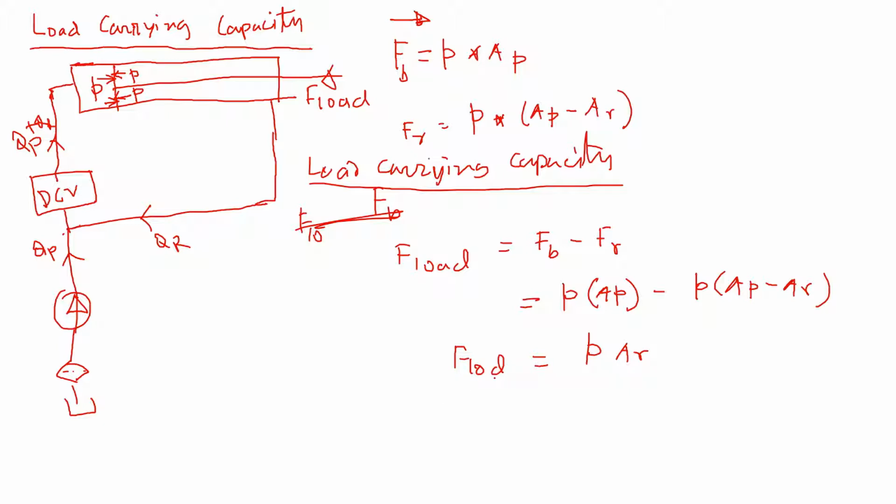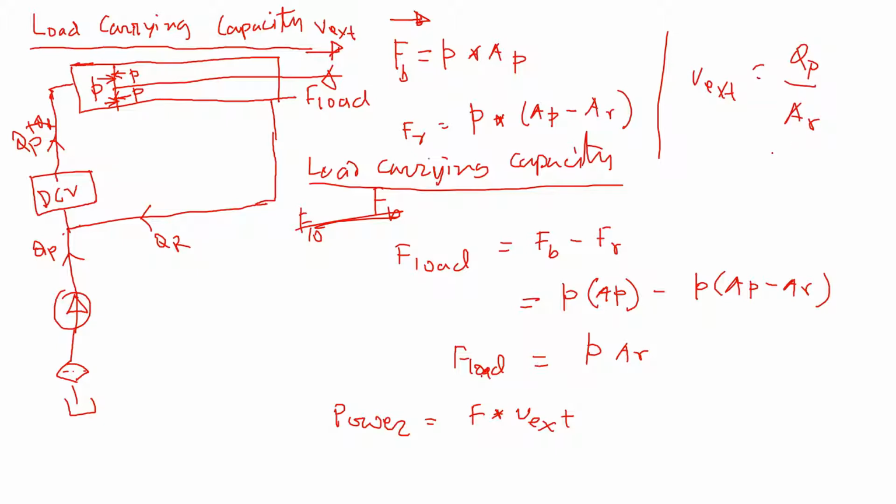So if we measure the power of this system, we know that the power, the rate of work, is force times velocity. Now it is extending, so force times the velocity of extension, V dx. We have calculated before that the velocity of extension is QP by AR in a regenerative circuit.